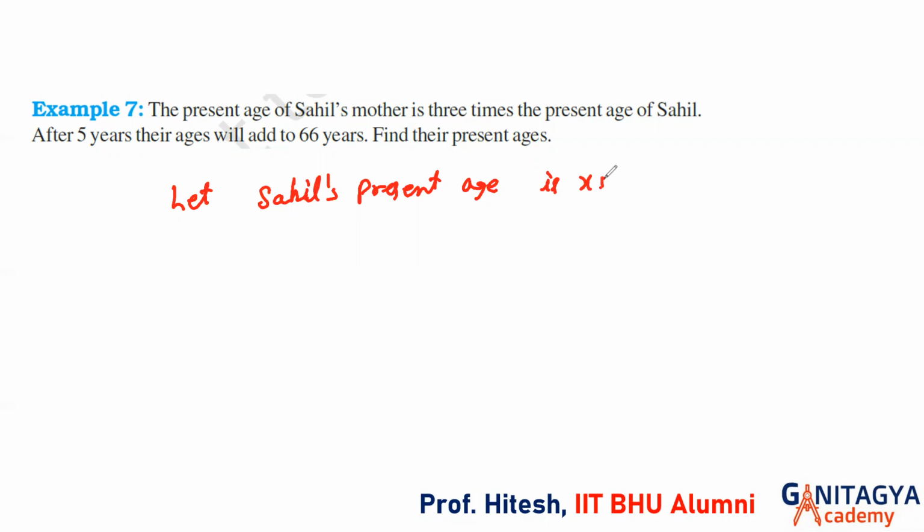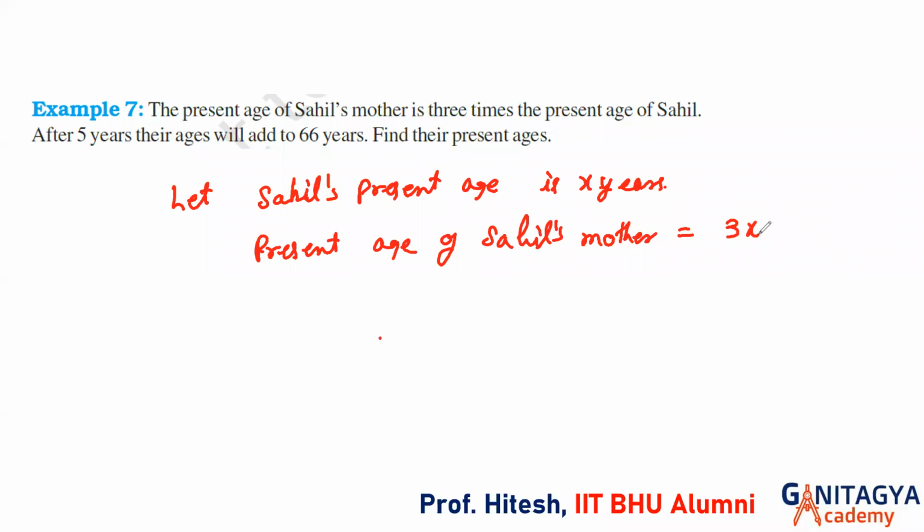Okay, this is X years. So the present age of Sahil's mother will be how much? It is 3 times, it is told. So 3x.